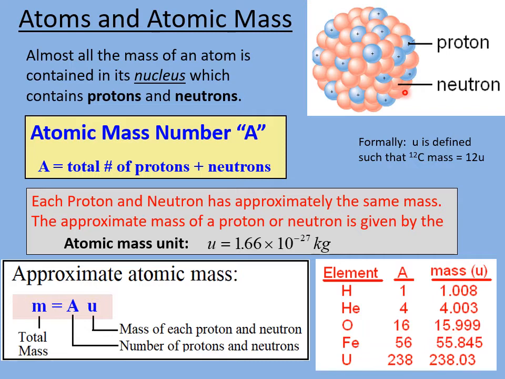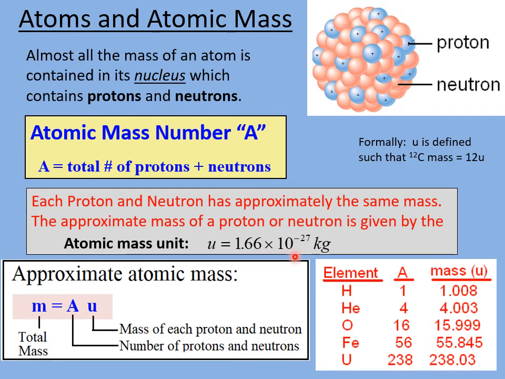But for this chapter, you can consider protons and neutrons to basically have an almost identical mass, and the approximate mass of a proton or a neutron is given by what is called the atomic mass unit, and that's given the letter U. You can see the atomic mass unit is an extremely tiny mass.